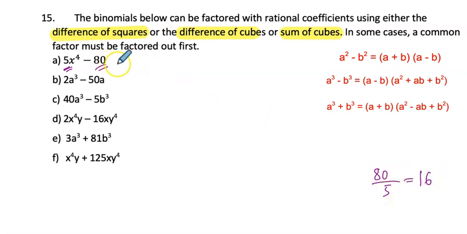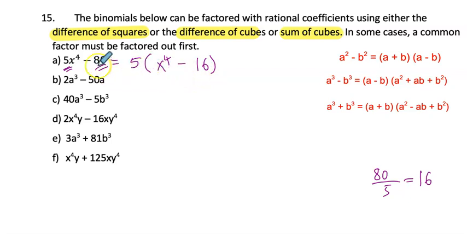Okay, so I can take out 5. See, in some cases, a common factor must be factored out. So that 5 as a common factor, you will take it out, leaving behind 5 times x to the power of 4 minus 16, because 80 divided by 5 is 16.